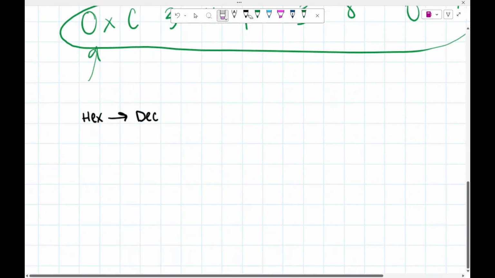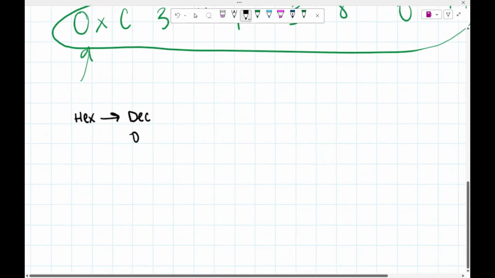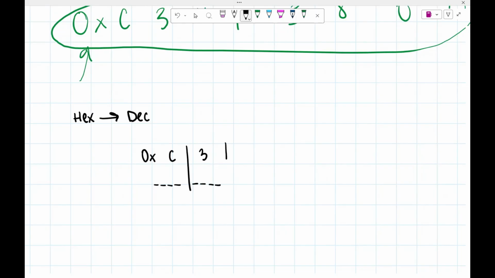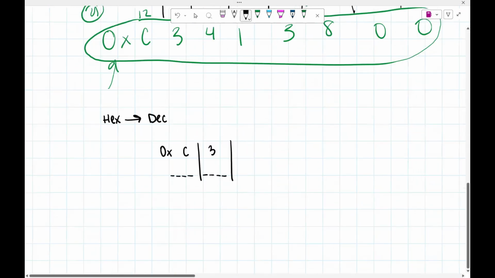So let me just rewrite it. The 0x just is the representation of the floating point, IEEE. So I'm writing each hexadecimal digit and I'm giving them 4 bits each.